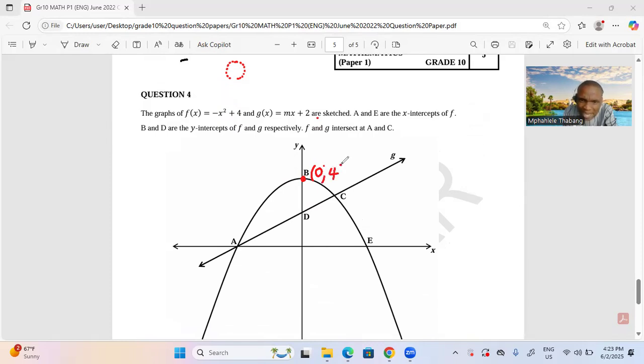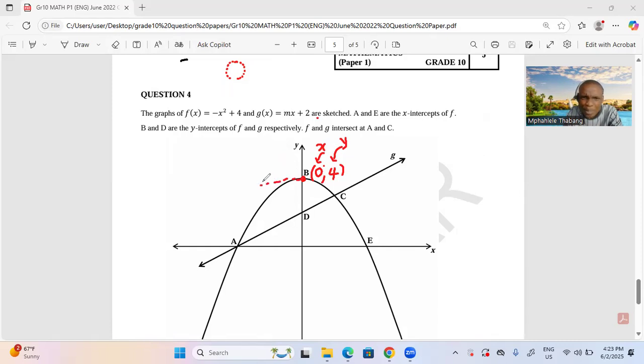So what is the x value at B? The x value is 0. What is the y value at B? It's 4. And guess what, Grade 10s? This y value of 4 is actually the highest value of y. There won't be any y value above this 4, because this is our turning point. This is where the graph turns.